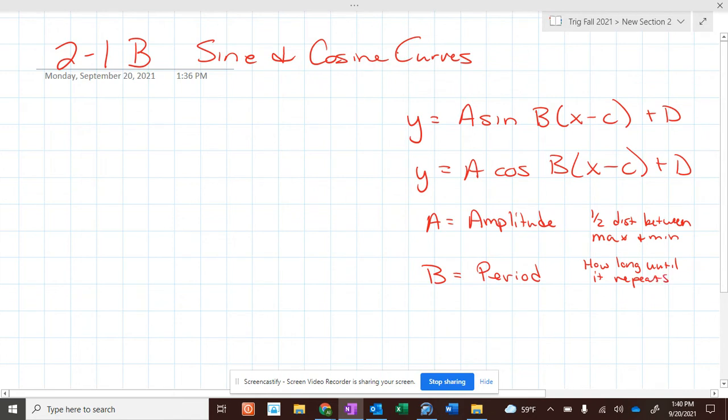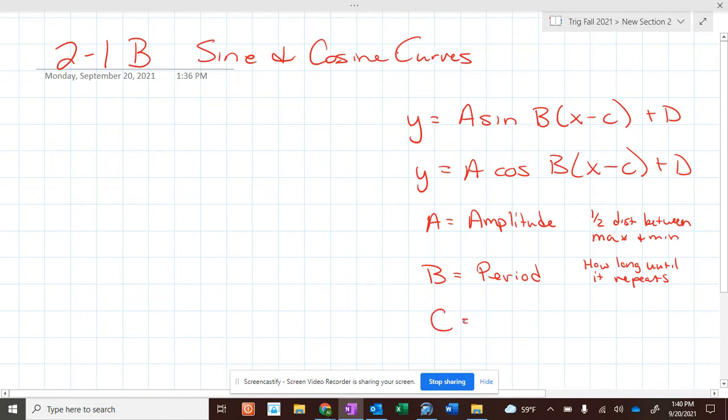So A is amplitude. So that's like the vertical stretch or shrink when you guys were doing this in Algebra 2. Now some of you are still in Algebra 2 and thus are still learning about it or haven't gotten to it yet. Okay? But that's the vertical stretch or shrink. The period is the horizontal stretch or shrink.